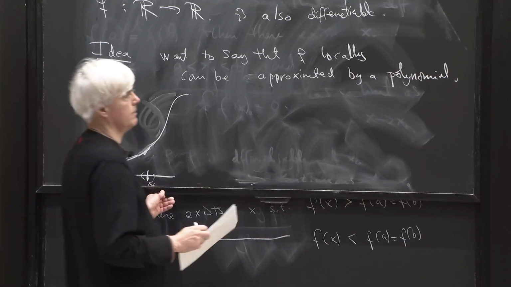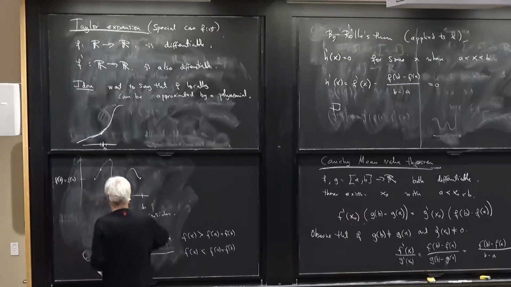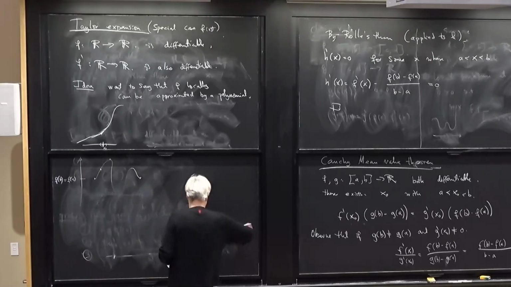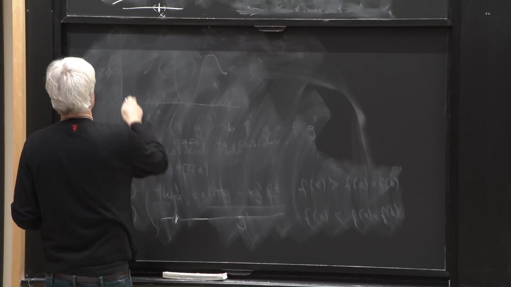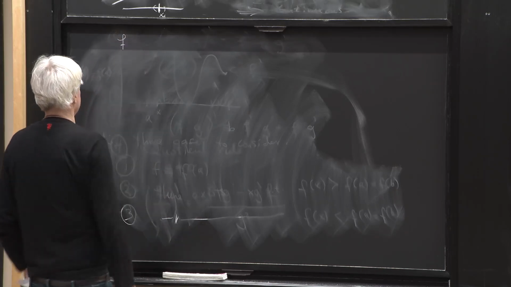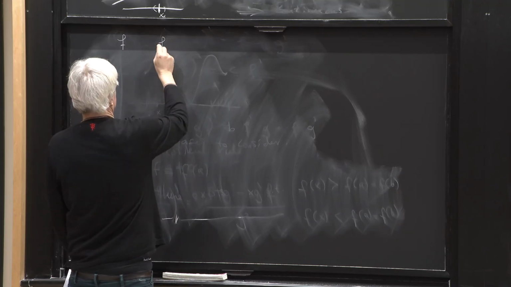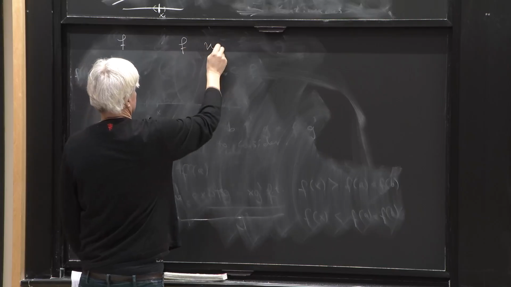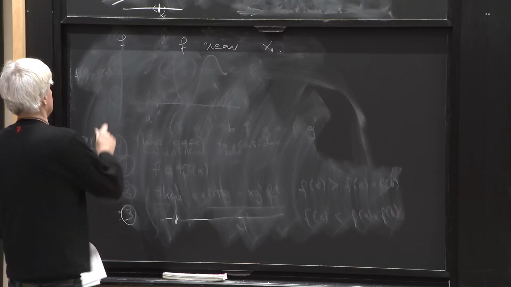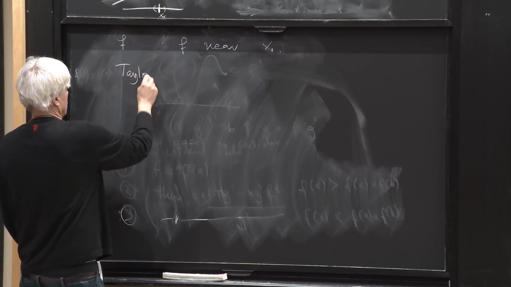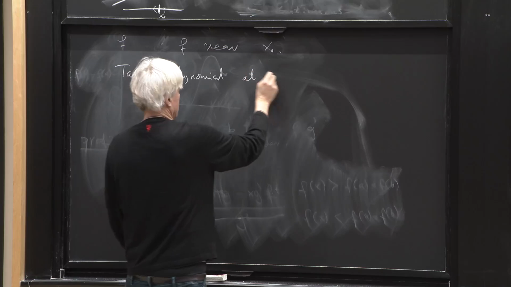And so we'll just do a simple version of this first. We have f here, and we will be interested in f near x0, and then you're looking at what's called the Taylor polynomial at x0.